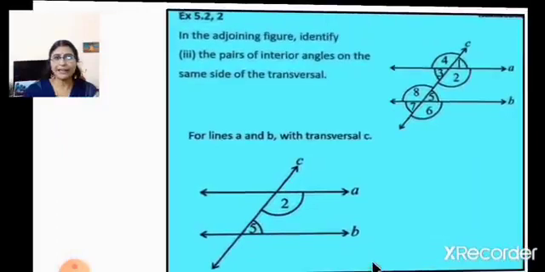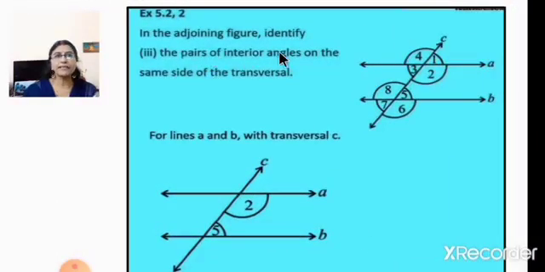Now the third part of the same question, the pairs of interior angles on the same side of the transversal. Today we have learned about it, co-interior angles. Let us see this. You can see here this angle and this angle are on the same side. Similarly, these two angles are also on the same side. They are on the right side. Here these two interior angles are on the left side of the transversal.